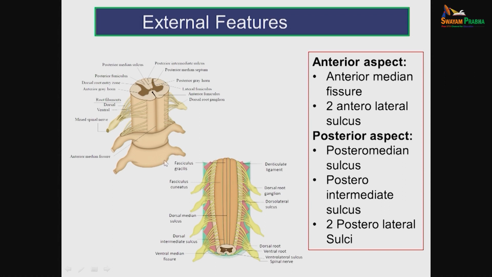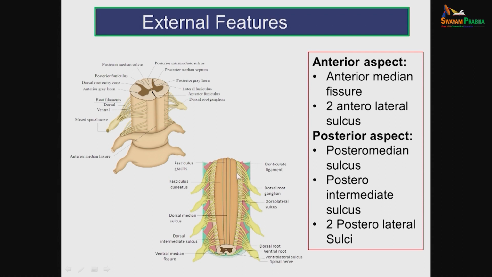In the anterior aspect, you can see an anterior median fissure, and on either side two anterolateral sulci. We will discuss this in detail in the next few slides.